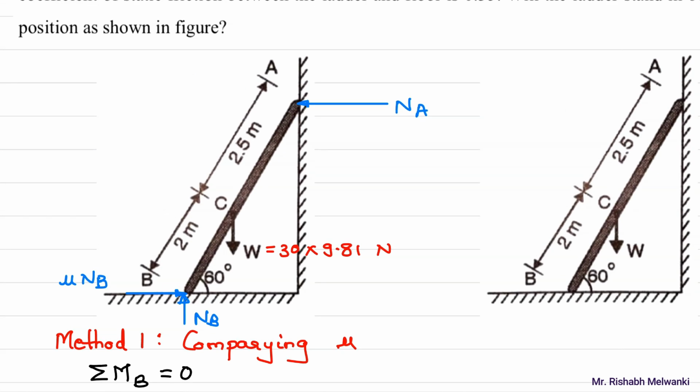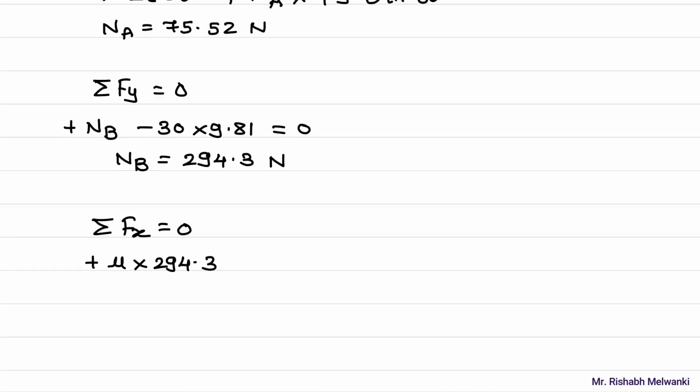Next, Na is towards left, so minus Na, and Na value is 75.52 Newton, equal to 0. So the only unknown over here is mu, the coefficient of friction. Mu is equal to 0.2566. This is the value of mu I am getting after solving the question.